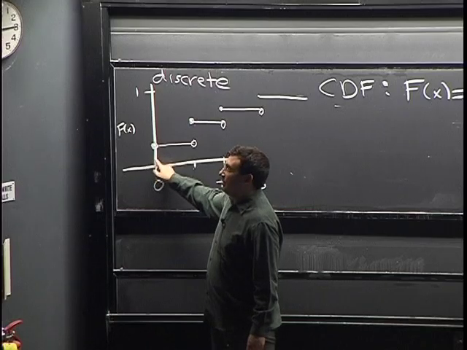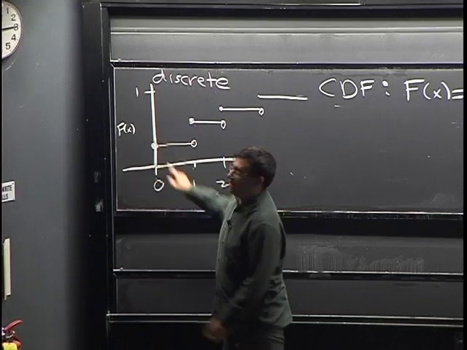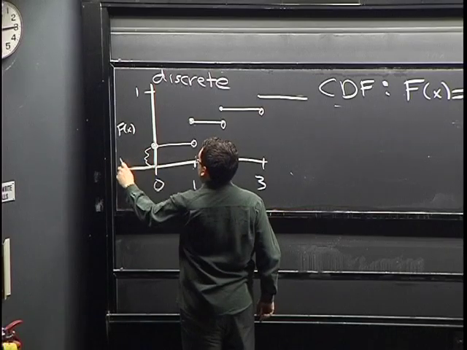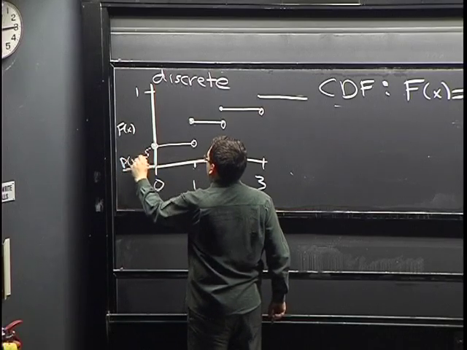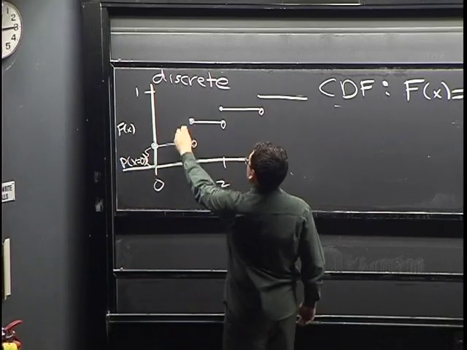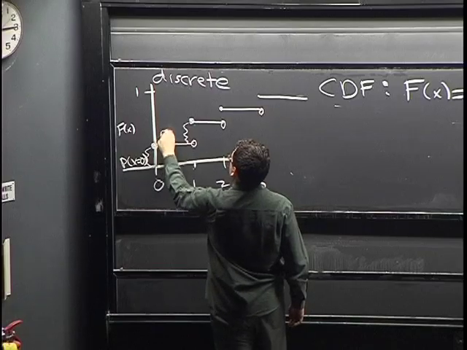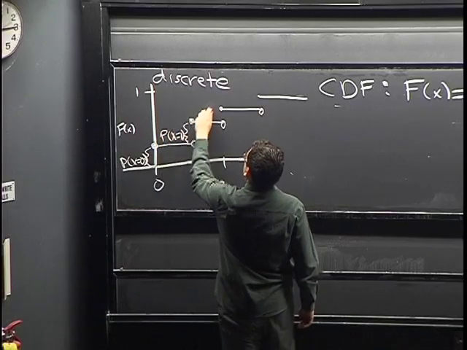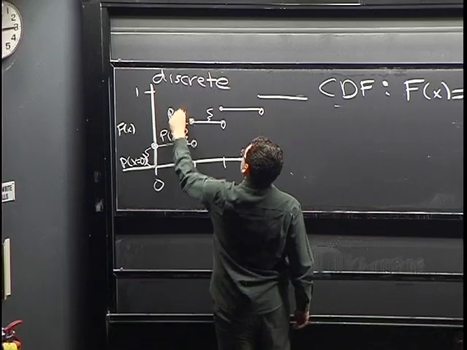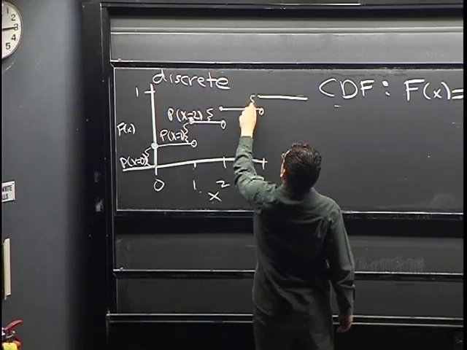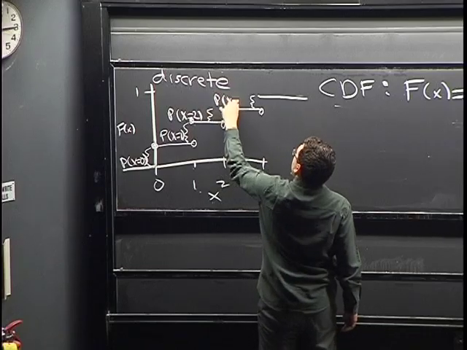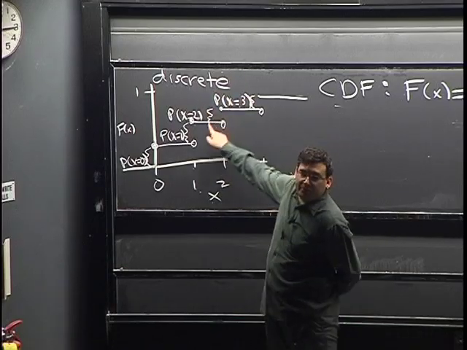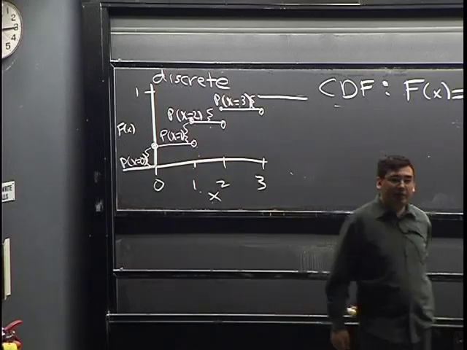But with some probability, X equals 0, so that's the size of this jump. The vertical height of this jump is the probability that X equals 0. This jump is the probability that X equals 1. This jump is the probability that X equals 2. And this jump is the probability that X equals 3. So the jump sizes are the PMF in this picture.